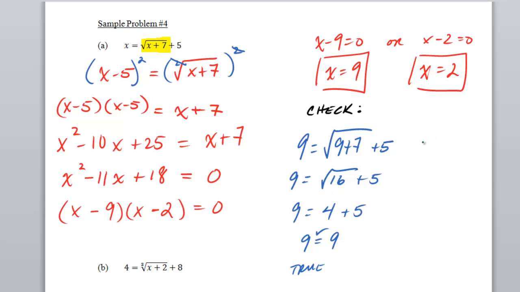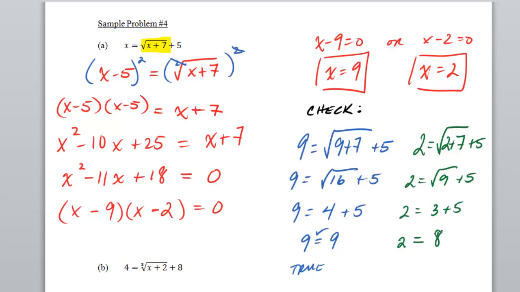For the second one, we'll put 2 in, same equation. Which will then give us the answer of 2 equals 8, which we know is not true, that is false, which tells us that this x equals 2 cannot be a valid answer. So that is how you would check for extraneous solutions such as x equals 2. You would have to check both of them back in the original equation.